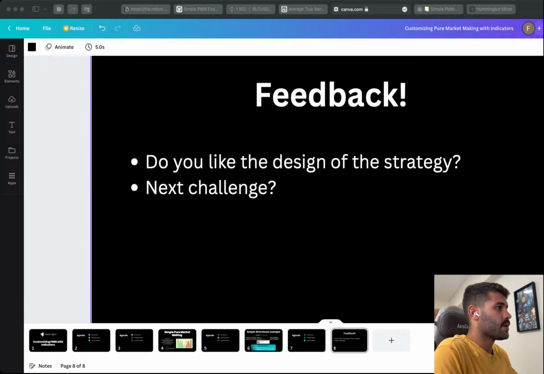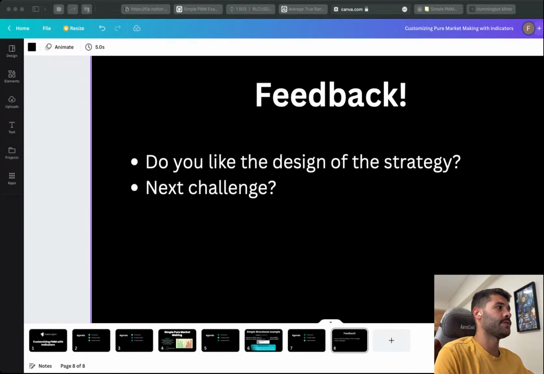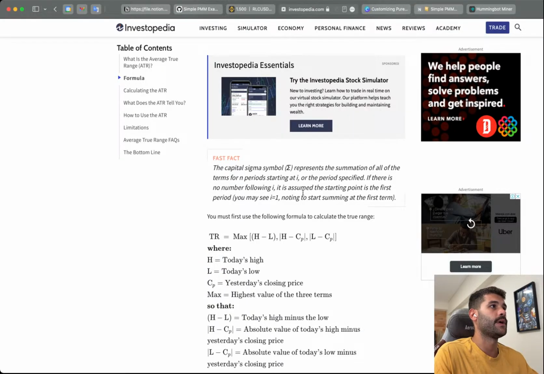Well, Trevor says, what range about ATR 0 to 1? Yeah, the problem of ATR is that the ATR is measured in price. It's the absolute difference between, as I mentioned before, the maximum of the difference between the high and the low, the high and the previous close, and the low and the previous close.